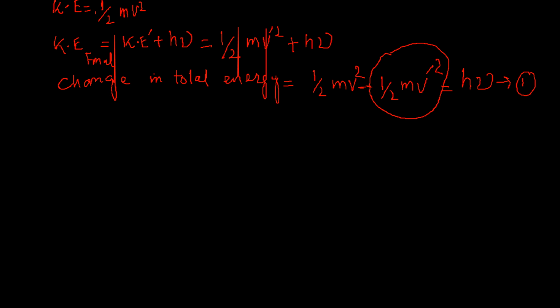This means equation 1 will become half mv square equal to h nu maximum frequency.